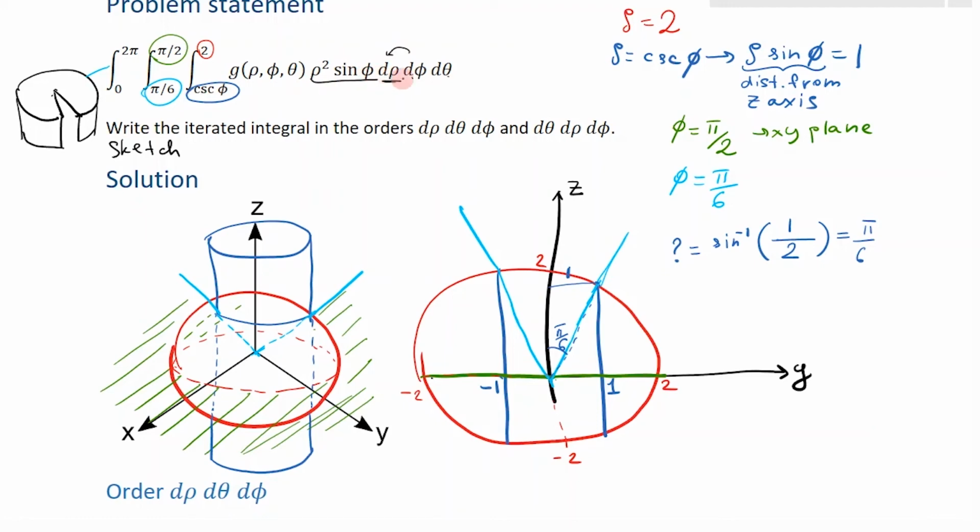So here you're integrating over rays going away from the origin for fixed phi and theta. Each of those rays would go from the blue to red. So here is not included, here is included, and here is not included. So rays are like this, and then same idea on this side.